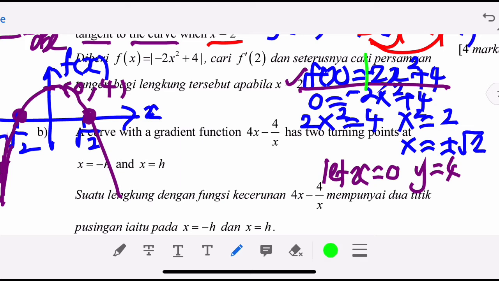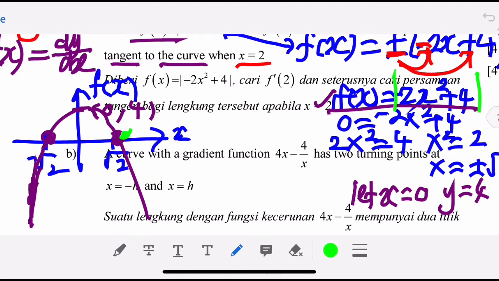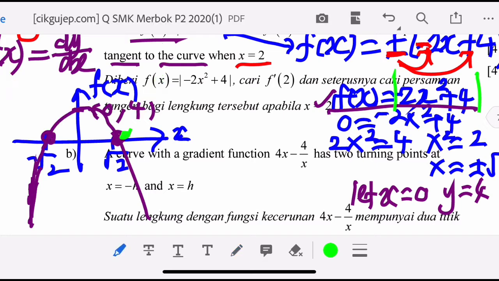If I immediately put the lines, the negative part, this part will go up. It will reflect up, and this side also will reflect up. So basically the modulus graph is this one. I make it thicker so that it is clear.